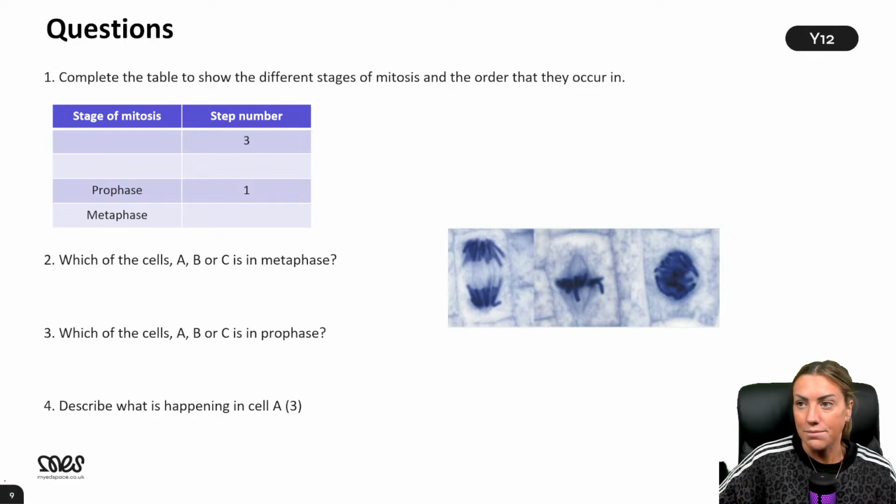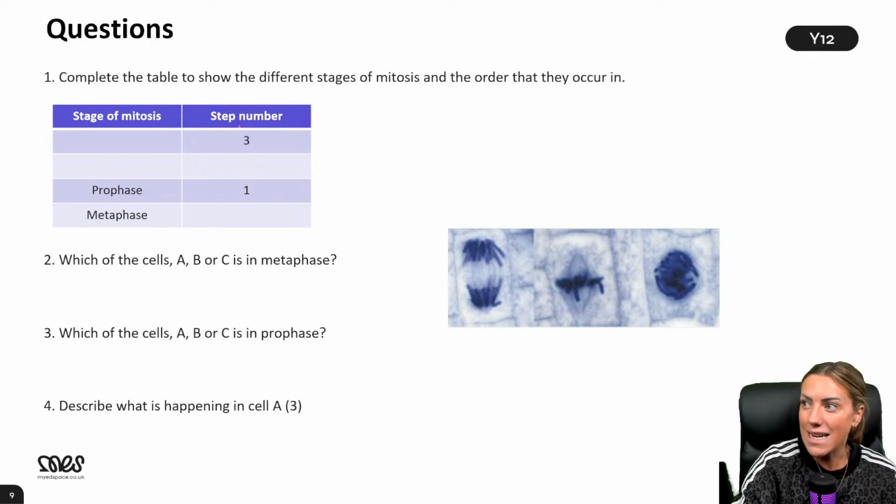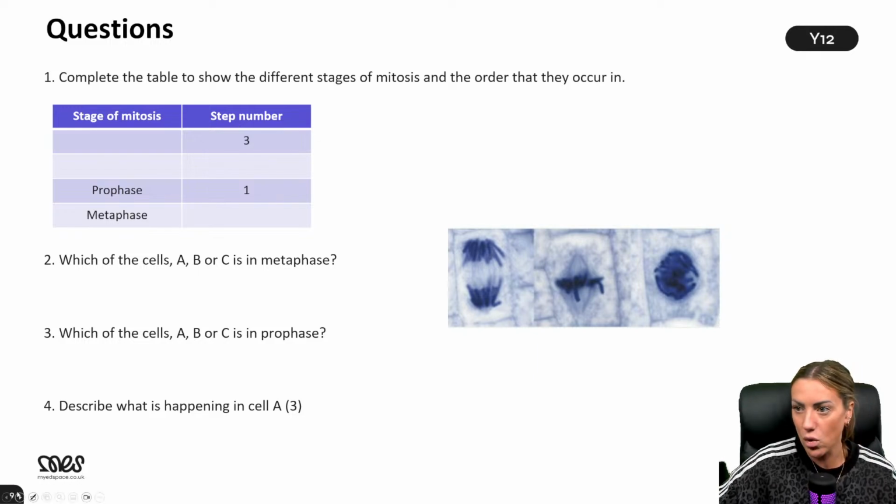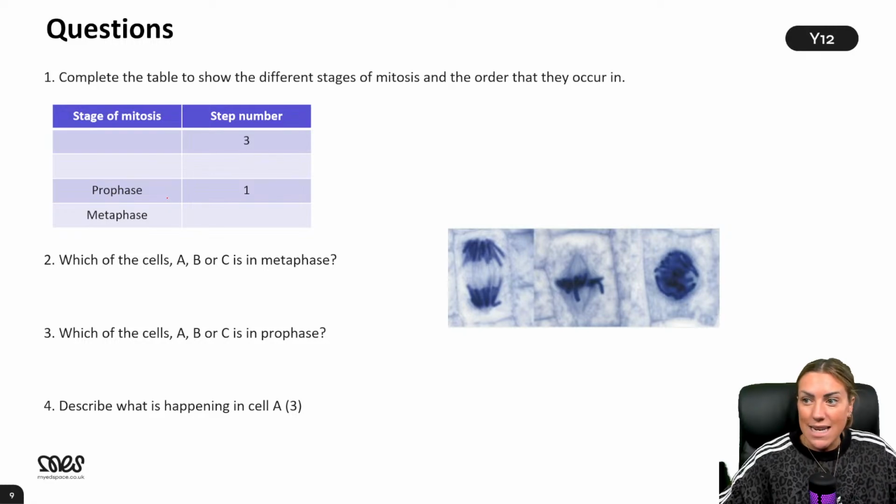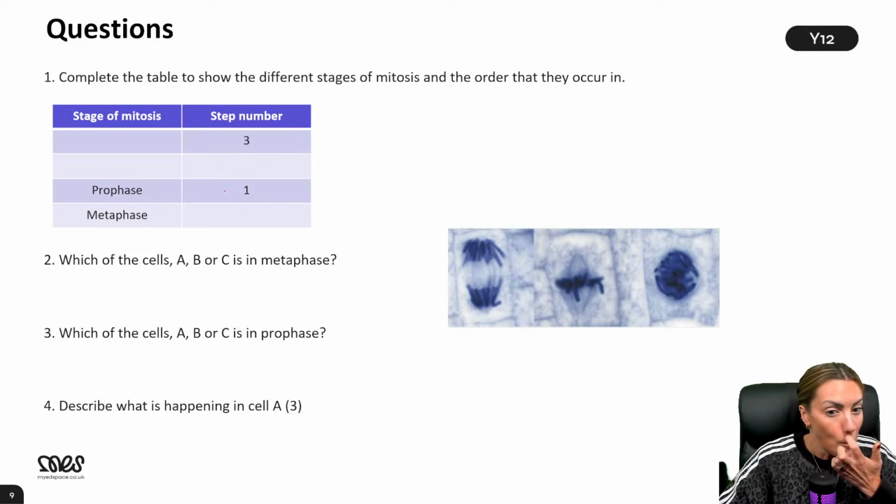Complete the table to show the different stages of mitosis and the order that they occur in. So we need to fill in the names of the stages and we need to number them. You can see they've already put prophase in there as number 1. They've put metaphase in there. What stage would metaphase be? What number? Prophase is 1, so metaphase is 2.